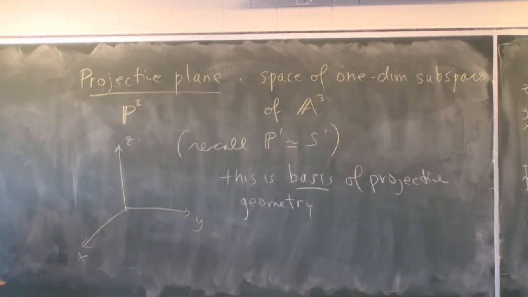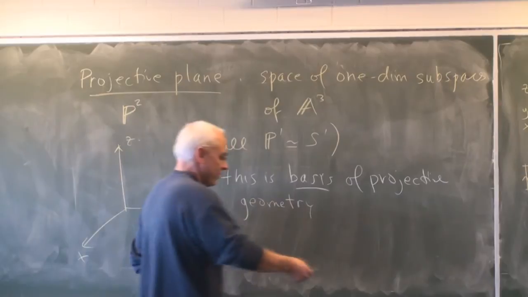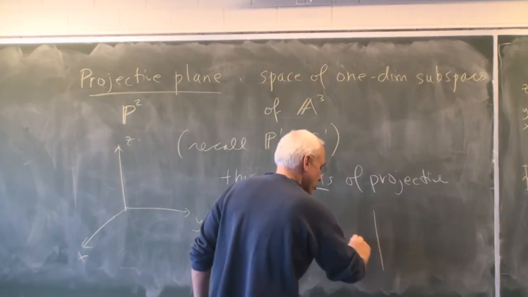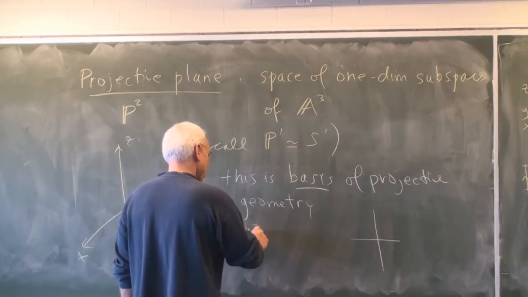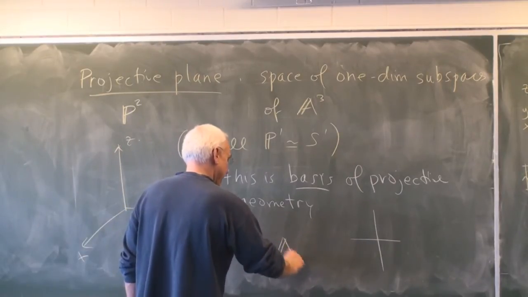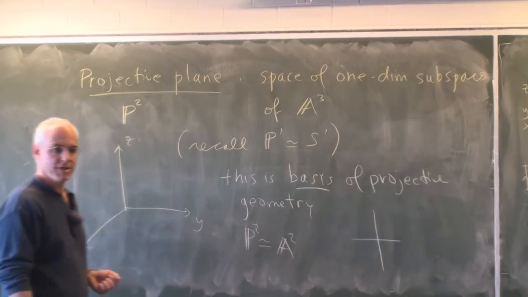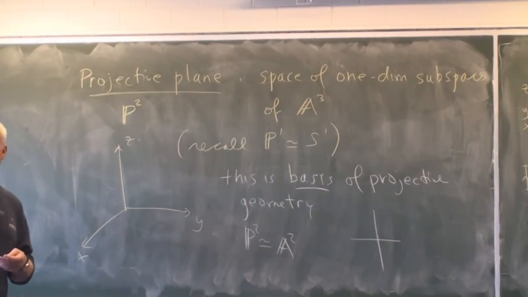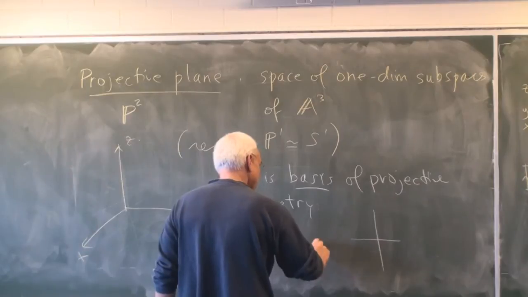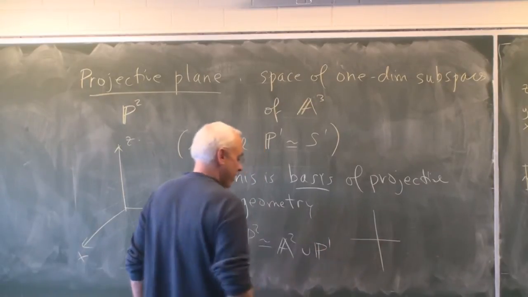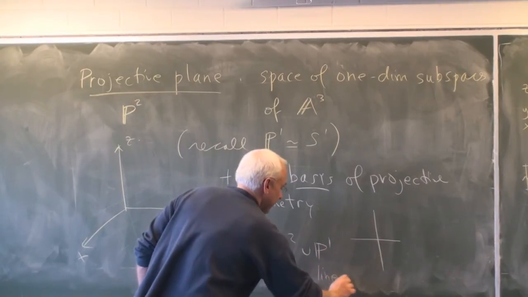And we talked a little bit about projective geometry, but the historical version of that was that the projective plane, P2, was really the ordinary plane, A2, together with a line at infinity, union, say, P1, a line at infinity.